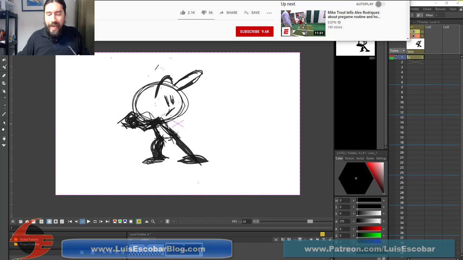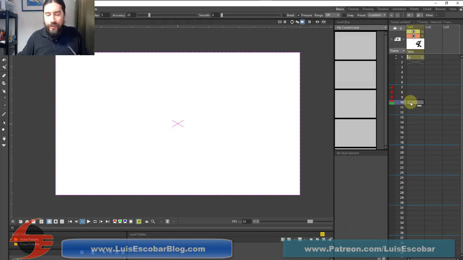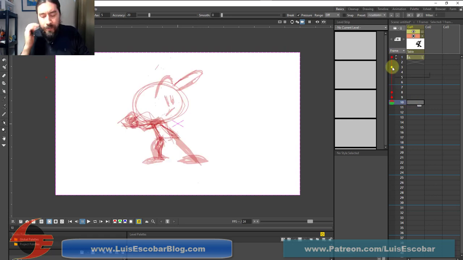So I'm going to skip ahead to about 10, and I'm going to give myself the onion skin over here. So this is frame 10. So there's a big gap where we could add more motion in between if we want.